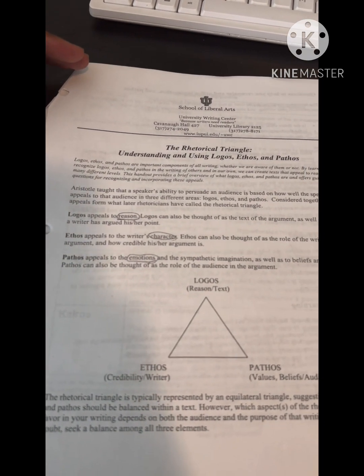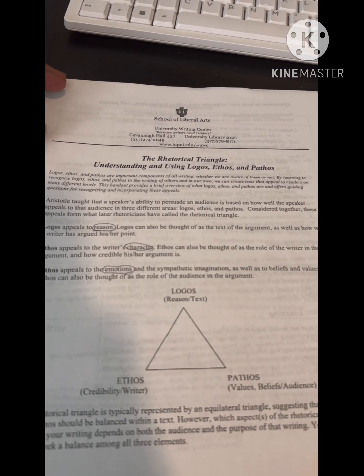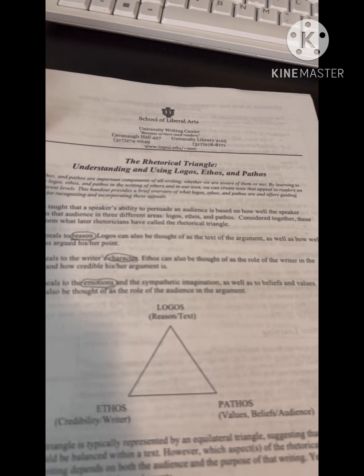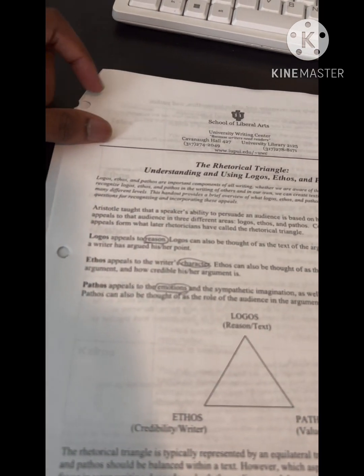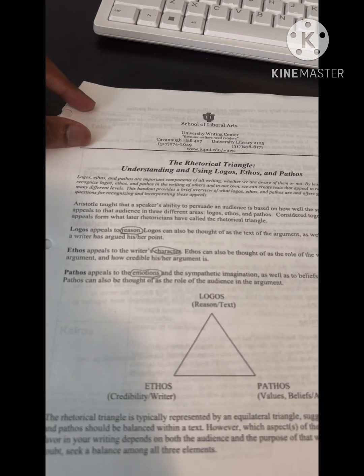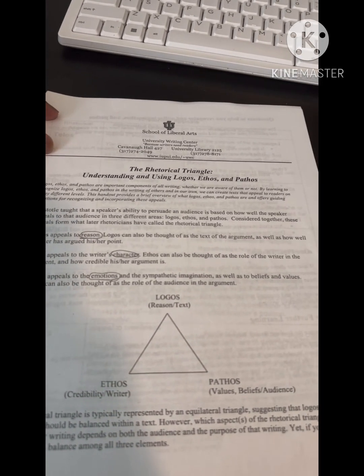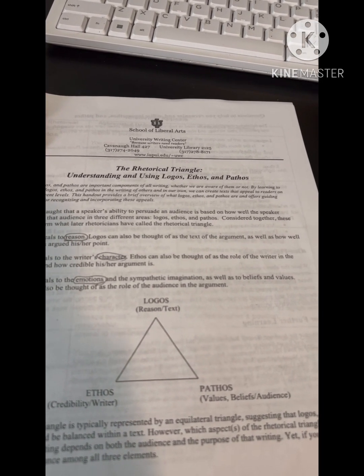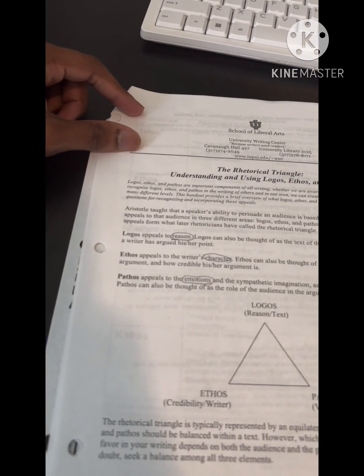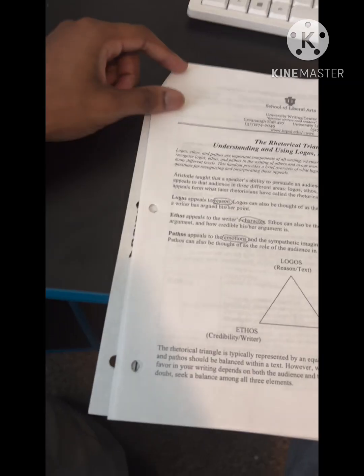Logos appeals to reason. Logos can also be thought of as the text of the argument, as well as a writer that has argued his or her point. Ethos appeals to the writer's character. Ethos can also be thought of as the role of the writer in the argument, of how credible his or her argument is.